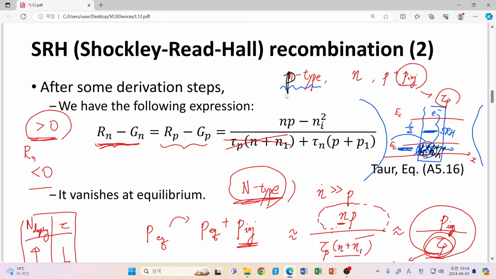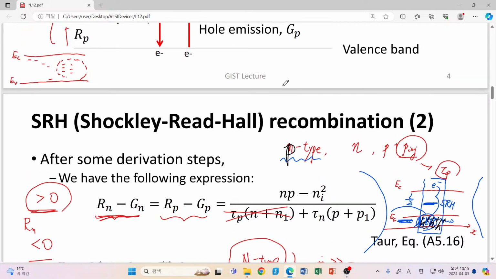Then what will happen? Now the situation is a little bit different, because when this minority carrier occurs, yes, this is a minority carrier, after that, it should move, and eventually they should go away.